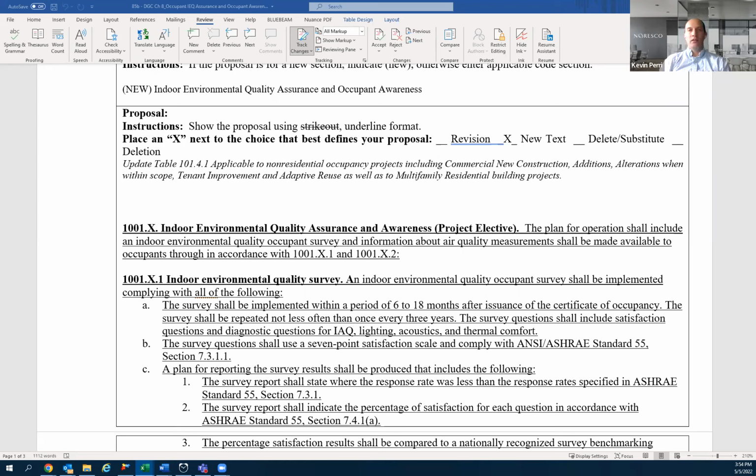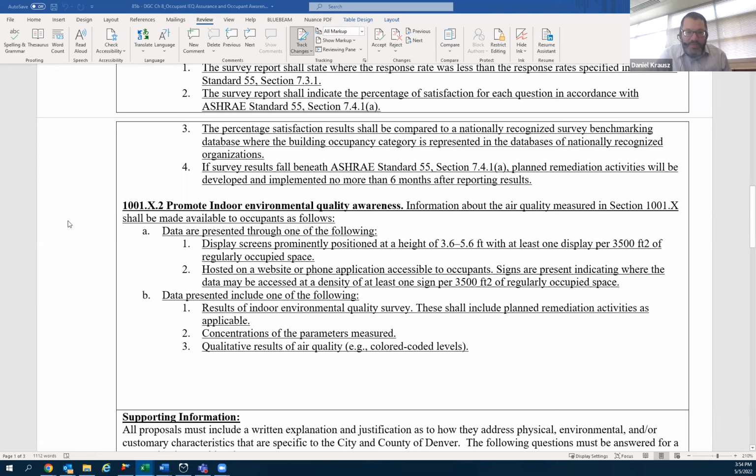Committee, it is now time for questions. Anybody from the committee have any questions? Daniel. I can't see it here on the screen, but in 1001X2, I believe, it talks about concentrations of the parameters measured and qualitative results of air quality.